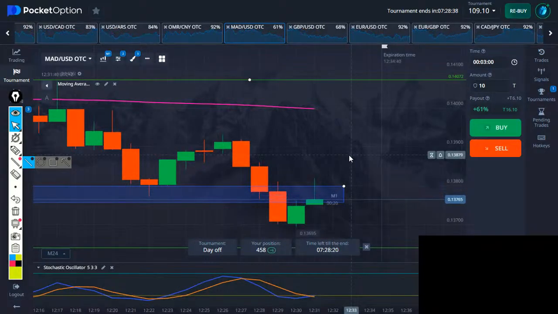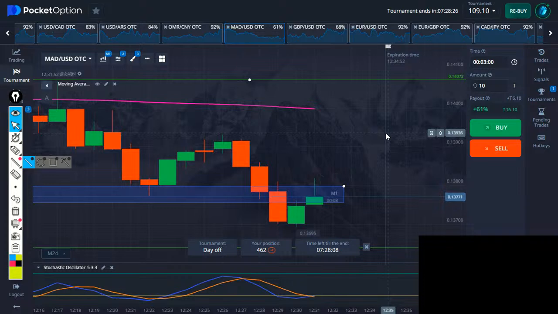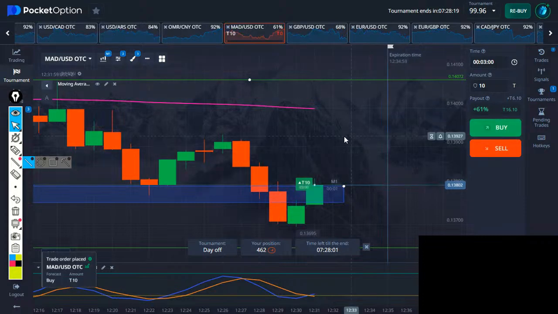We don't have it. Anyways, it has a low payout, so if it closes like this inside the zone or outside, I'll take it. That's it.